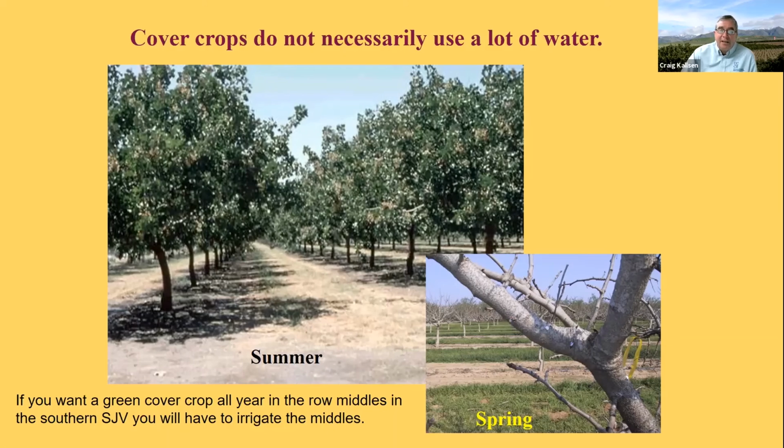So usually in the drier parts of the San Joaquin Valley, we may have to mow our cover crop maybe in the late fall or in the spring. And usually Mother Nature, by not providing much precipitation, takes care of the middle in the long hot summers. And of course, in the winter, it gets too cool for a lot of material to grow as well.